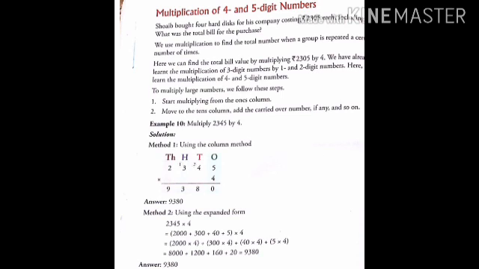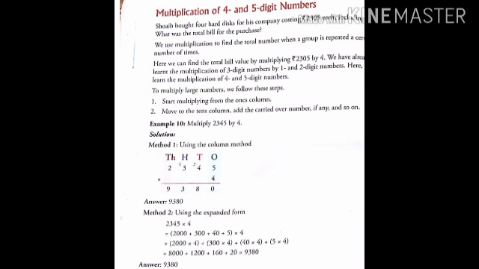We will write 8 and carry 1. 4 into 3, 12 plus 1 carry, so it is 13 and we will write 3 and carry 1. Next, 4 into 2, that is 8 plus 1 carry, so it becomes 9. So finally we will get 9380. That's the method that we have followed.